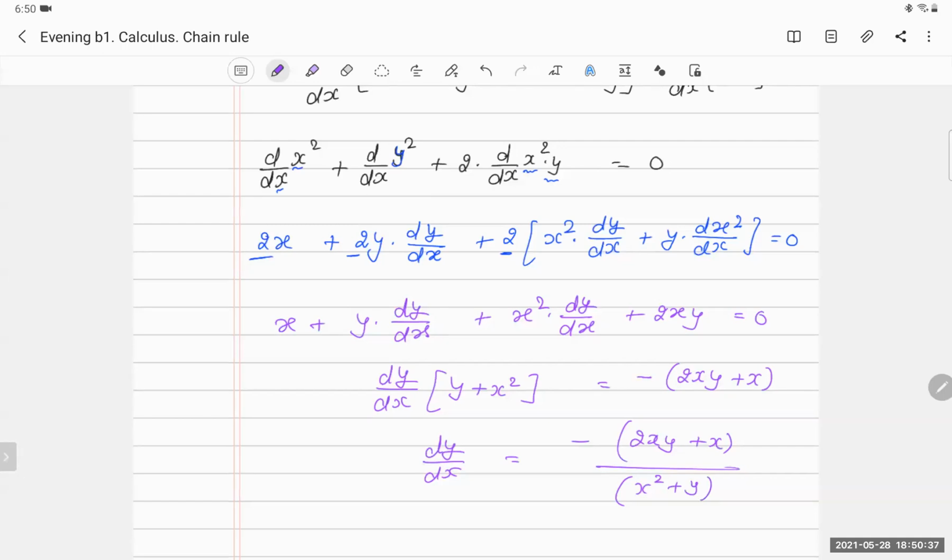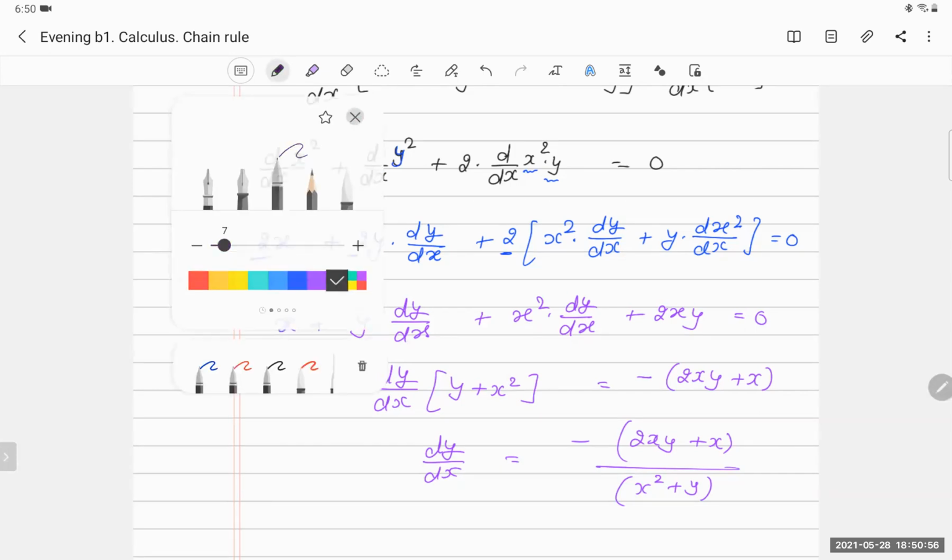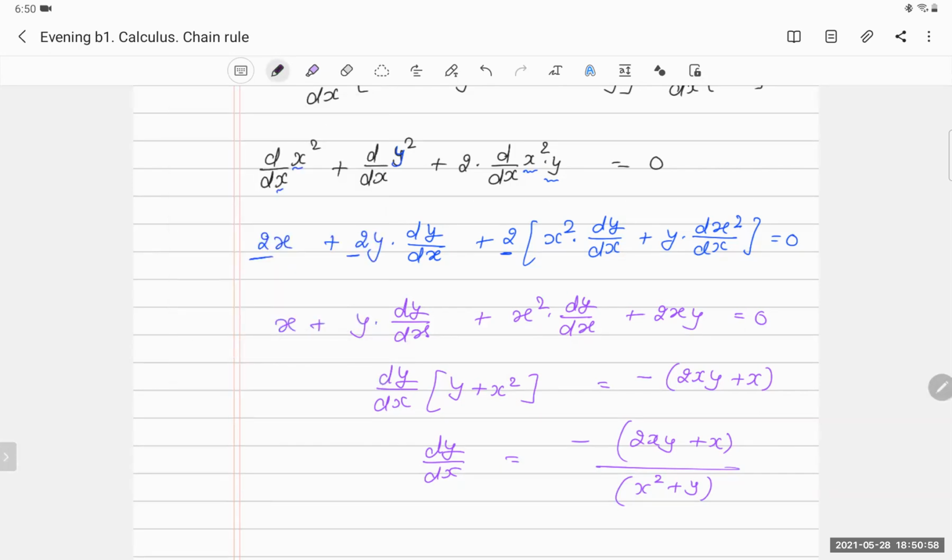So if some equation is given, then you have to find dy by dx like this. Now, do you want to try some more examples?